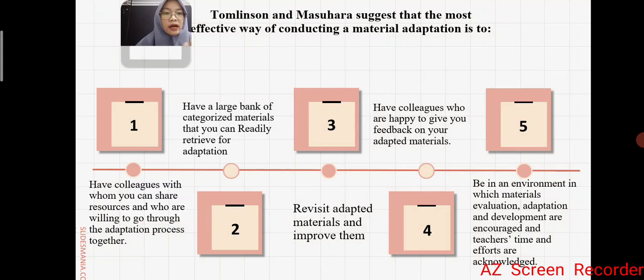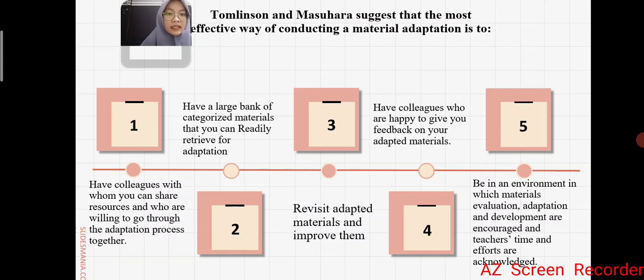Tomlinson and Masuhara suggest that the most effective way of conducting material adaptation is to, the first, have colleagues with whom you can share resources and who are willing to go through the adaptation process together. And the second, have a large bank of categorized materials that you can readily acquire for adaptation.